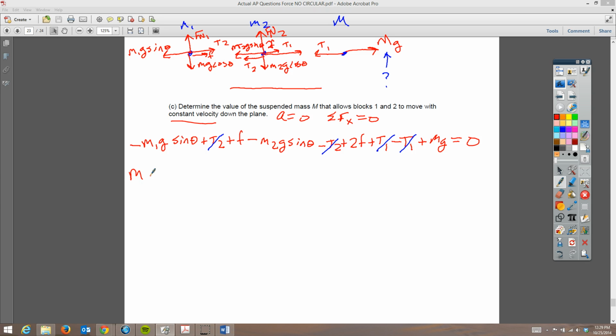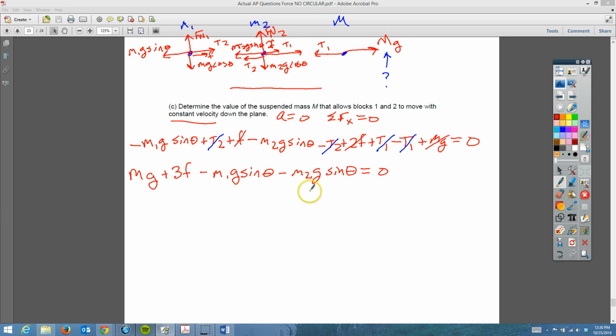And notice now we have F and 2F, and so that makes 3 times the friction. So we don't have these anymore. We've got Mg already moved, and now we're going to take minus m1g sine of the angle minus m2g sine of the angle, and that's equal to 0.